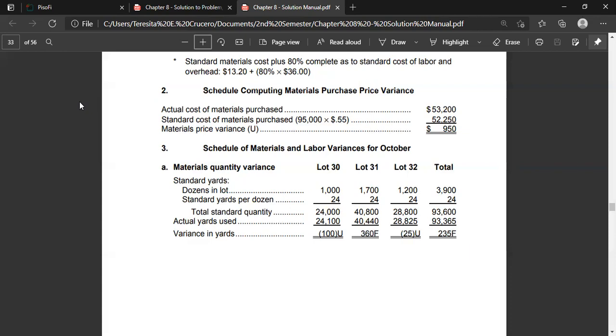So the total is 93,600 against 93,365. There's a variance in yards equal to 235.